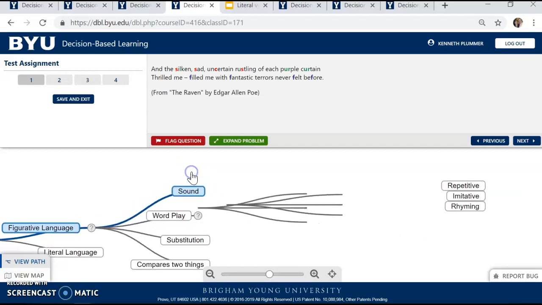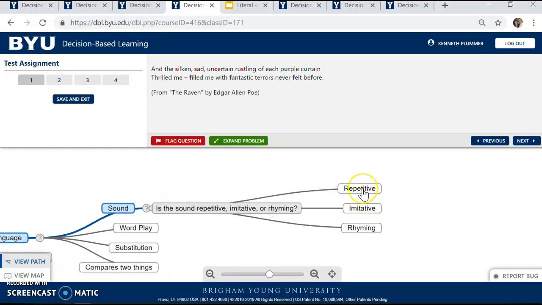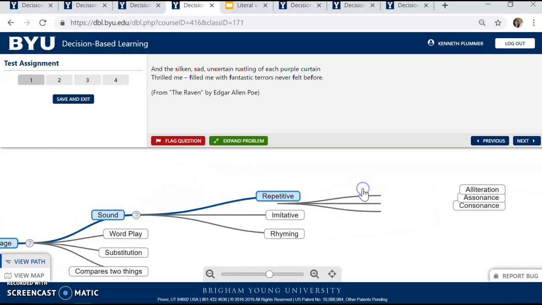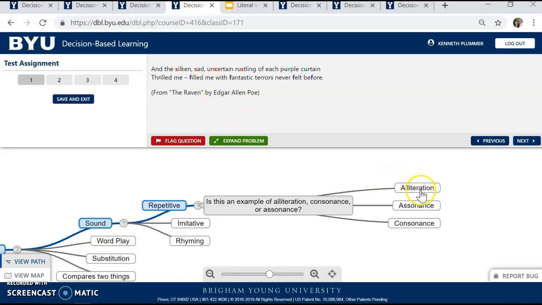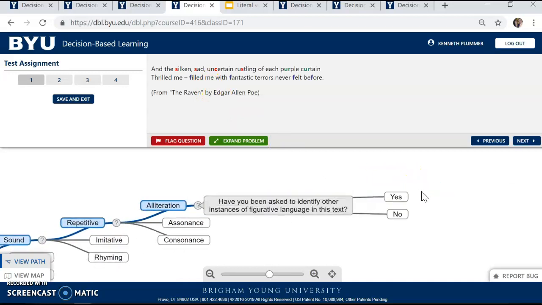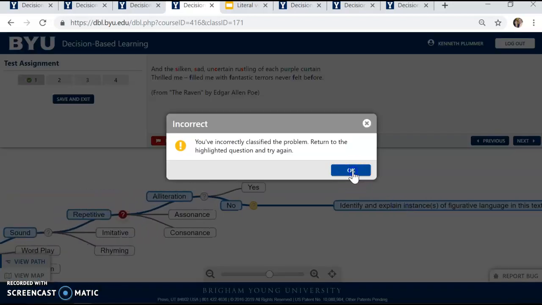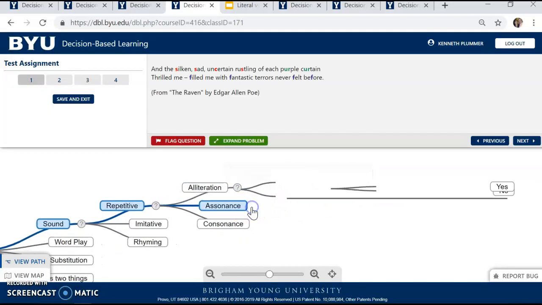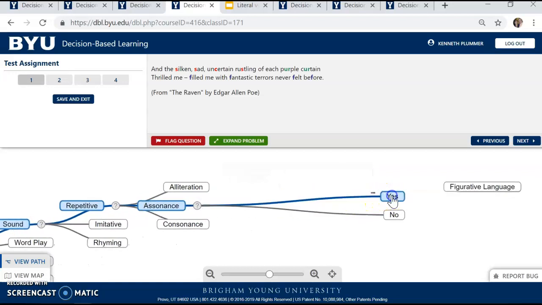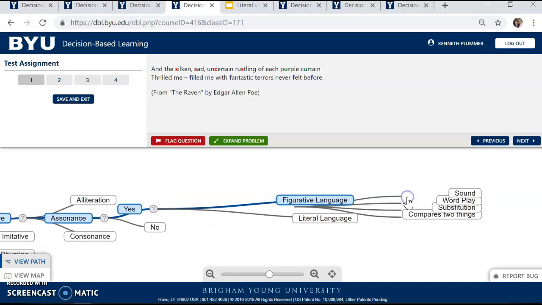And I think we're probably on sound, and we're probably repetitive with those S's up there, and we're dealing with alliteration, and it looks like it wasn't alliteration, maybe it's assonance.